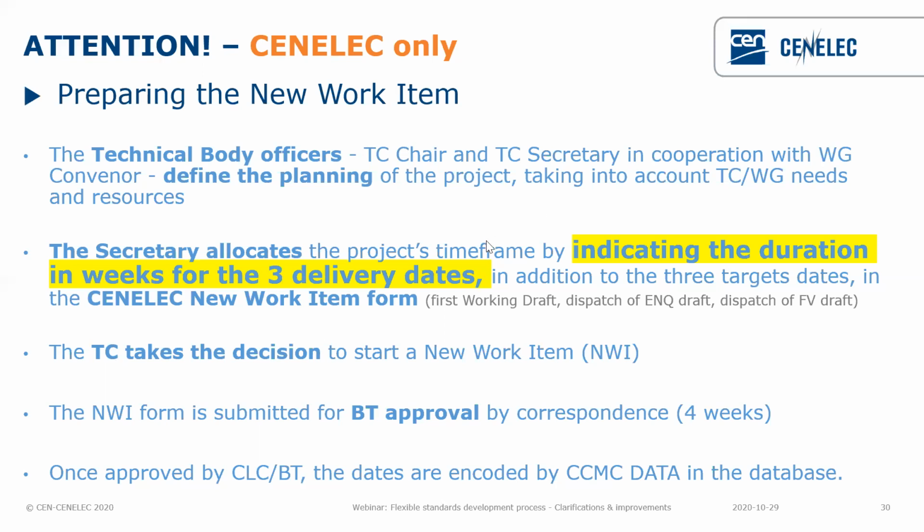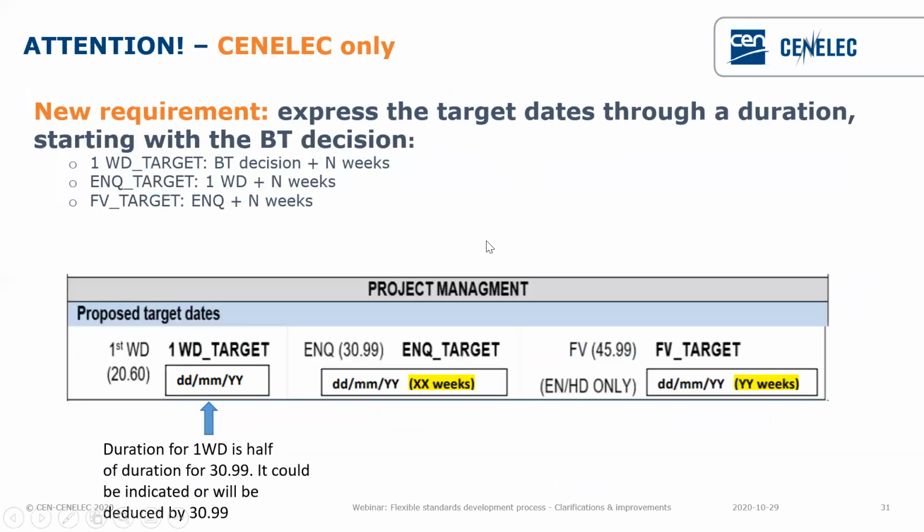Because this is something that will be very much of help for CCMC in order to log the data properly, in the sense that, for instance, for the first working draft, the target should be BT decision plus a number of weeks. For the delivery of the inquiry draft, it is the same, the first working draft plus a number of weeks. And of course, for the formal vote, it will be the closure of the inquiry plus a number of weeks.